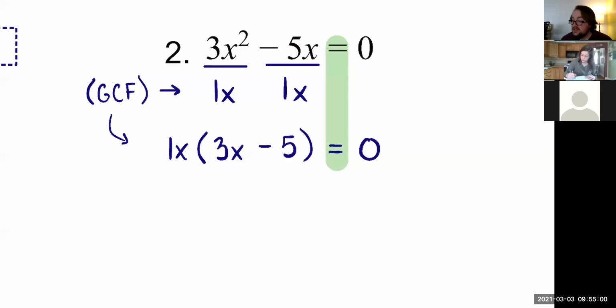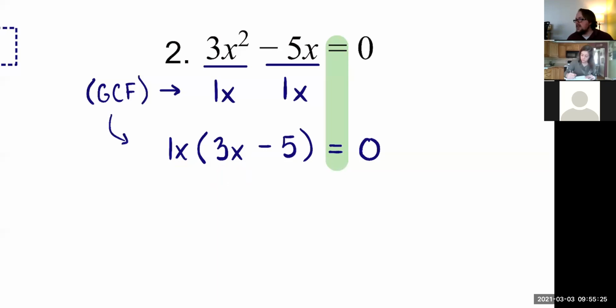And what I'm left with this time, a little different, is a monomial times a binomial. Now, you should always be checking for any other opportunities to factor even further. But because of this one being unique, the monomial 1x can't get any smaller. And the binomial 3x minus 5, we already took everything out they have in common.